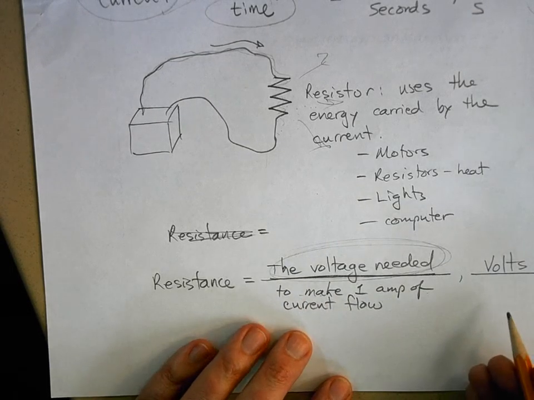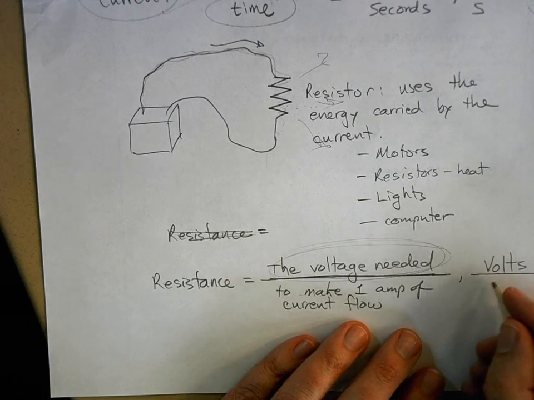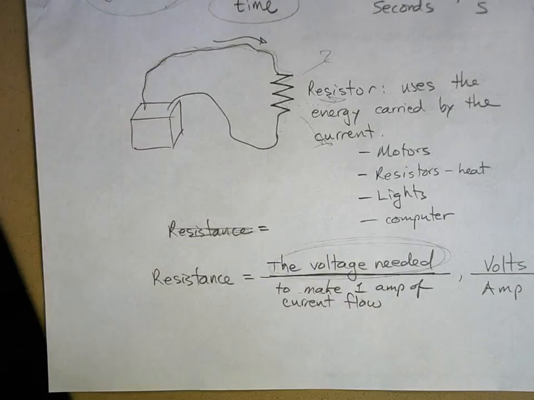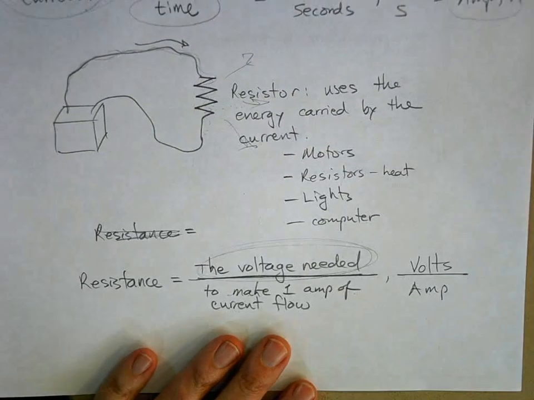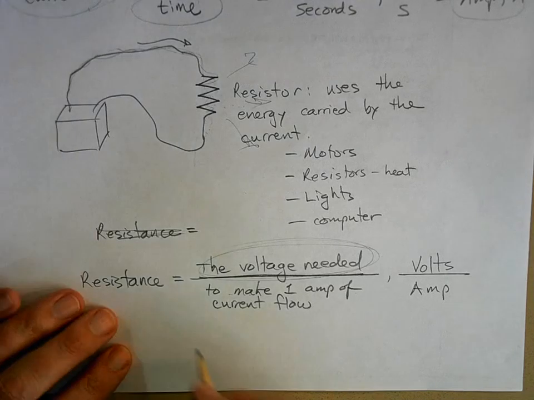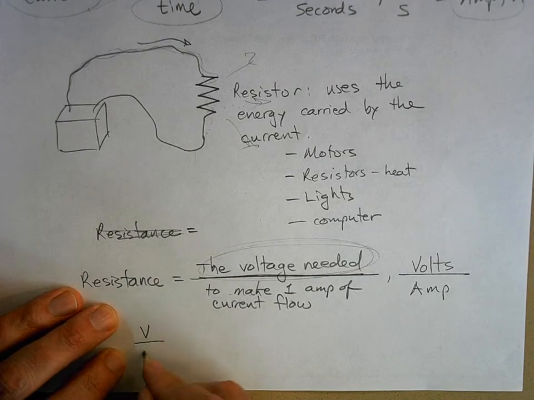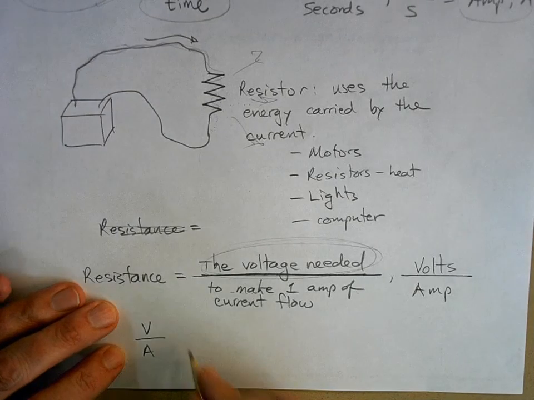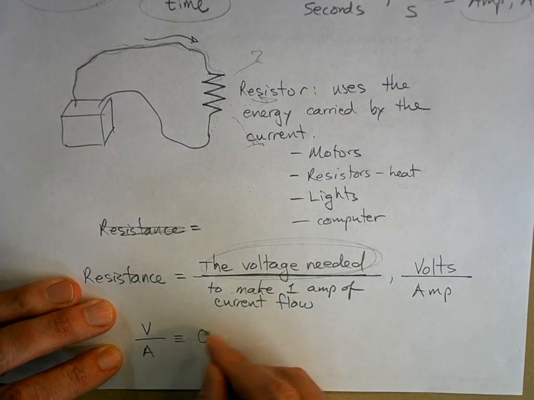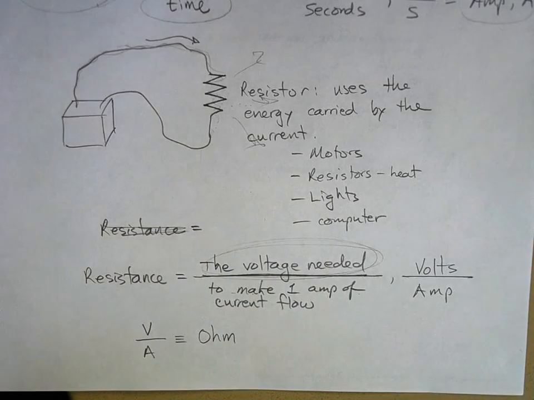That's amps. It's a ratio of volts per amp. Now we have a name for a volt per amp. A volt per amp, by definition, is called an ohm.